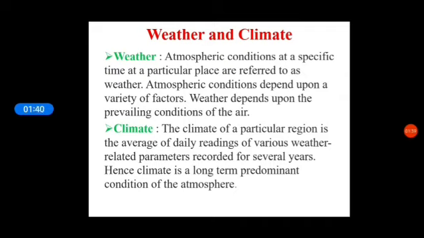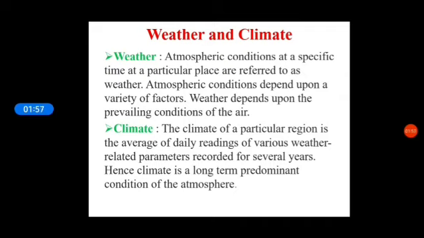The weather of a particular region keeps changing every day depending on temperature, rainfall, and wind conditions, but the climate would show the long term behavior of the weather in the region.